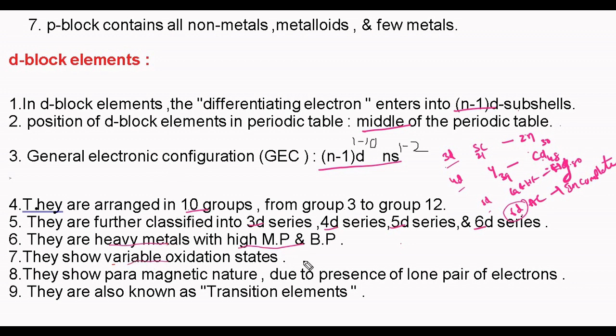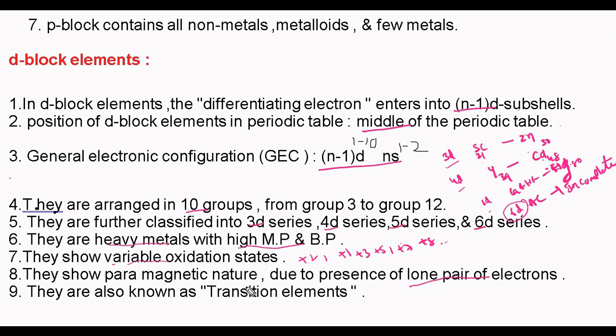The general oxidation state is +2, along with that they can show different oxidation states, suppose +1, +3, +5, +7, +8, like this. The d block elements also show paramagnetic nature due to the presence of unpaired electrons.